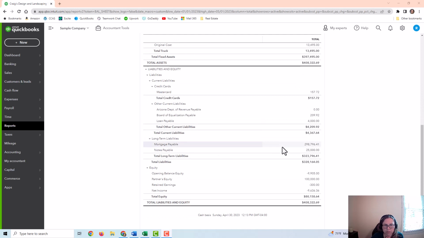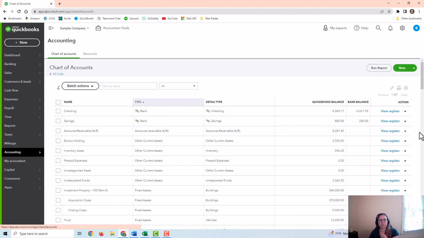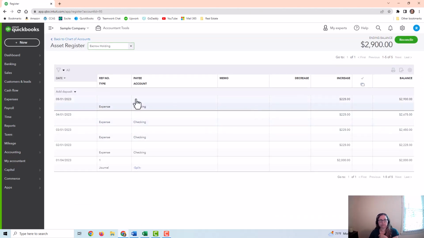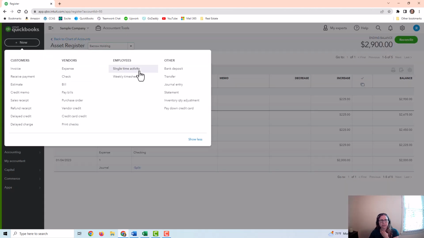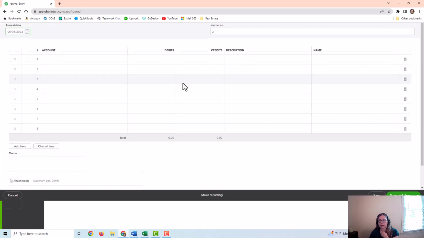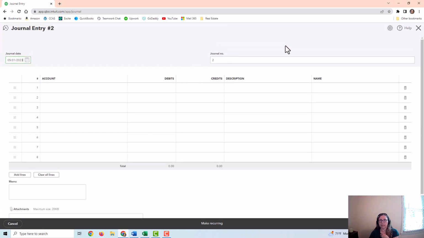And mortgage payable right now is at $298,000. Okay, and then the only other thing to do would be to handle your escrow holding. Every once in a while, you're going to notice on your statement that the mortgage company paid insurance or taxes. So I'm just going to show you what that's going to look like.